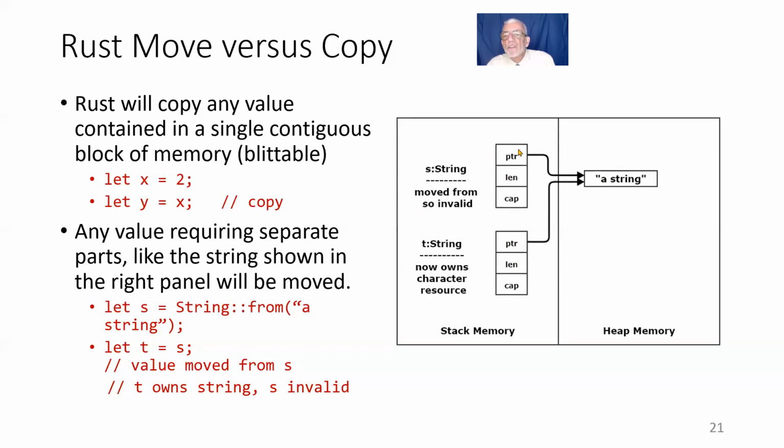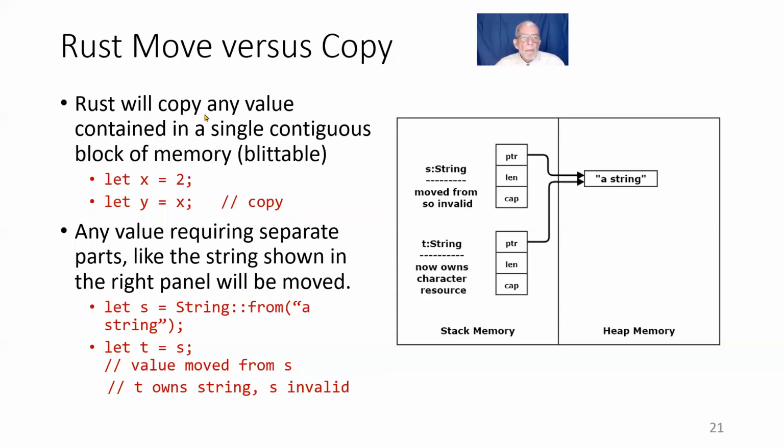And now we mark this guy as invalid. Okay, he no longer can access that data. Nothing we could do could make him access that data. Okay, so we've transferred ownership, and it's very fast. We didn't copy any characters around. They just sat here on the heap wherever they were, and we blitted this control block, as I call it, the string control block. We blitted it to t's location, and now t has ownership.